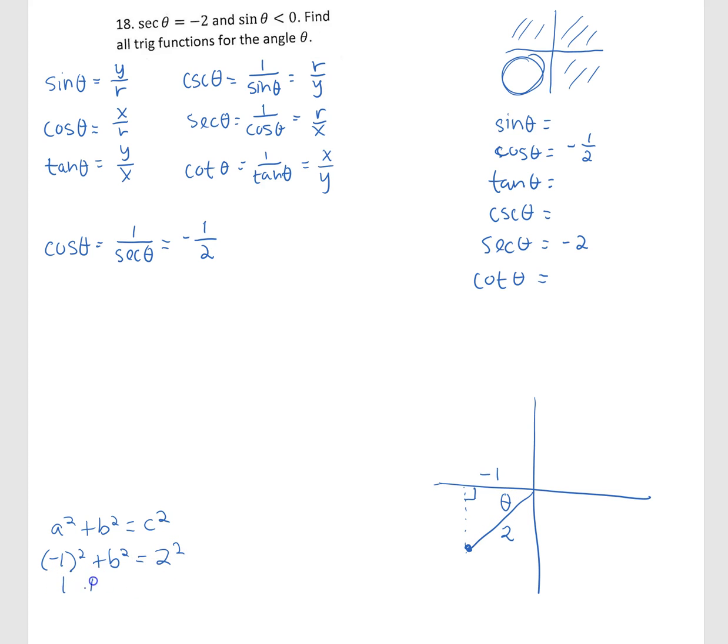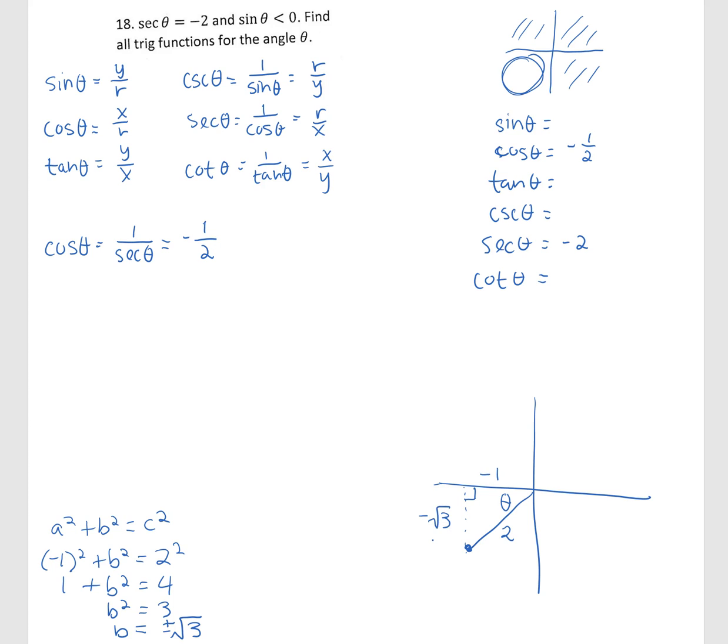So we have 1 plus b squared equals 2 squared, which is 4. Subtracting 1 on both sides gives us b squared equals 3. Taking the square root of both sides gives us b is either positive or negative root 3, but we know that sine theta has to be negative, so we know that this side here is negative root 3.